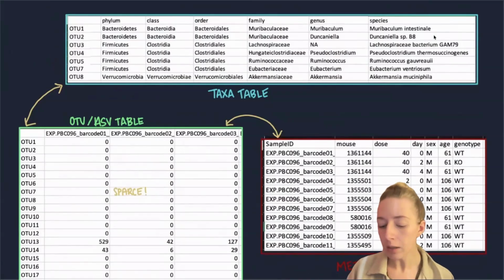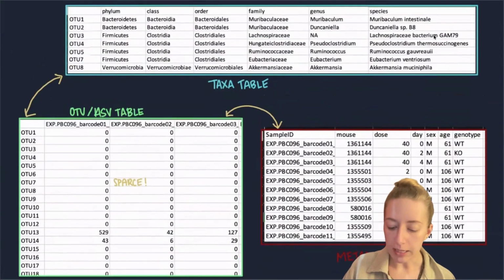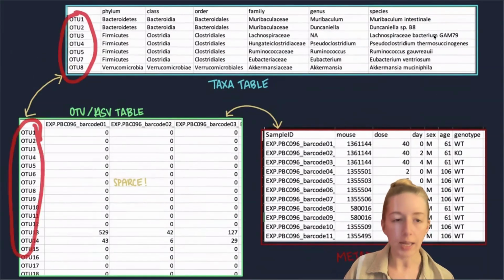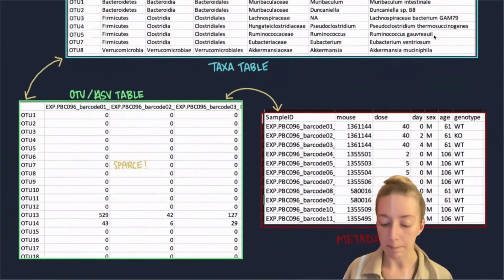So we have our taxa table, and then we also have our OTU table or ASV table, and notice that they're going to be connected here by the first column. So whatever you have in the first columns here should be the same.